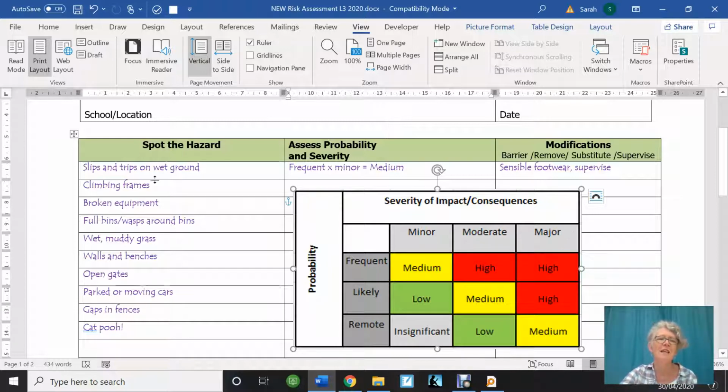So we're looking at slips and trips on wet ground. I think the likelihood they will slip or trip on wet ground is frequent. Even not on wet ground, children slip and trip all the time. So I'm putting frequent. But I'm saying that even if they do slip on a bit of wet ground, their injury is only going to be minor.